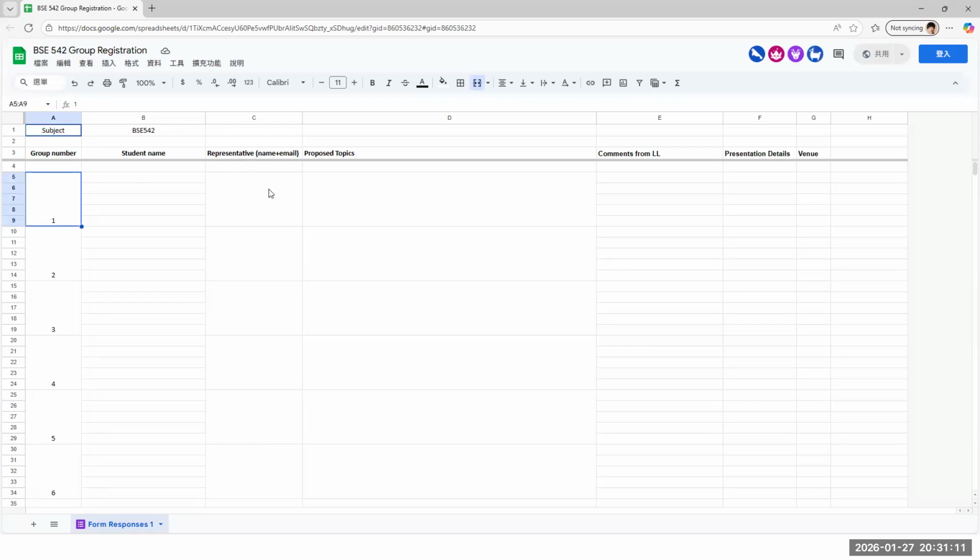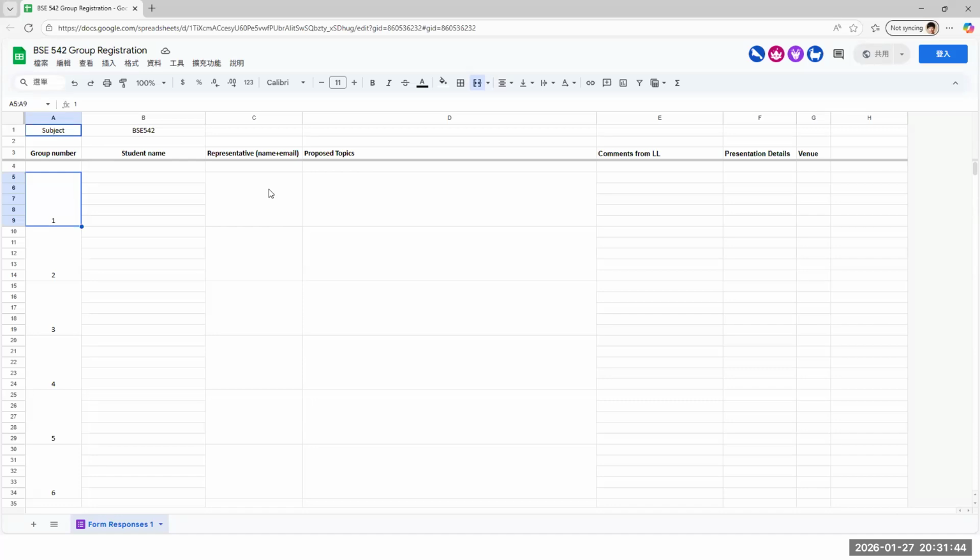Please also provide me your email, in case I want to approach you, or maybe some of you want me to assign you into a group. I didn't ask for a mobile phone, because it's not good for public, but the email I think is okay.